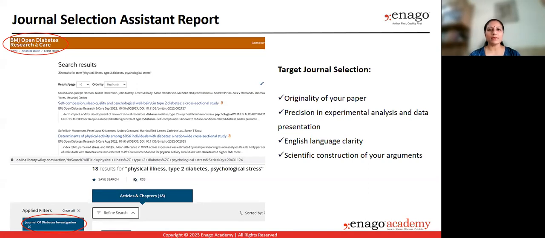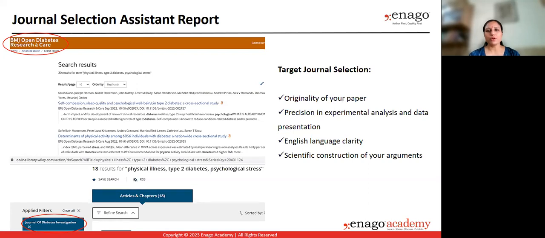Please take those keywords and do a search for similar or related articles in, say, 2 of these best suitable journals. For an example, we have taken BMJ Open Diabetes Research and Care and Journal of Diabetes Investigation for us to understand this case better. In this target journal selection process, you will be finding a list of relevant articles published in recent years by these 2 journals.